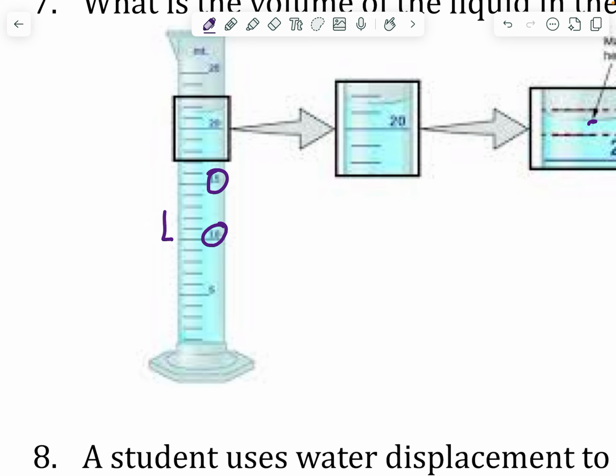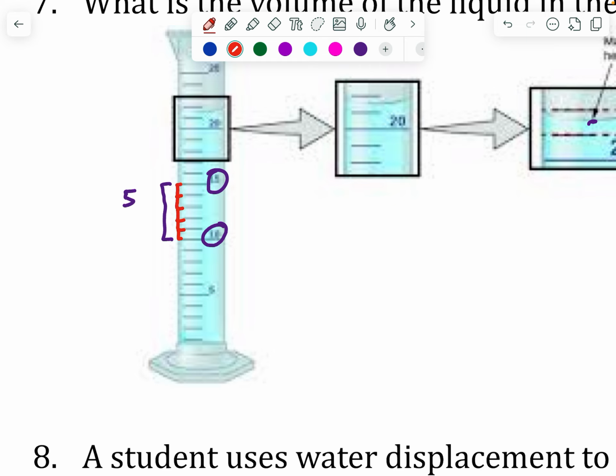How many spaces total from here to here? And we notice that that's 5 spaces. And then on top of that, we can figure out how many spaces I need to go in order to get there? 1, 2, 3, 4, 5.